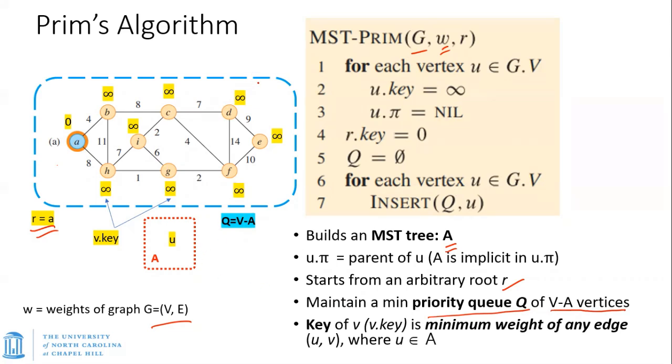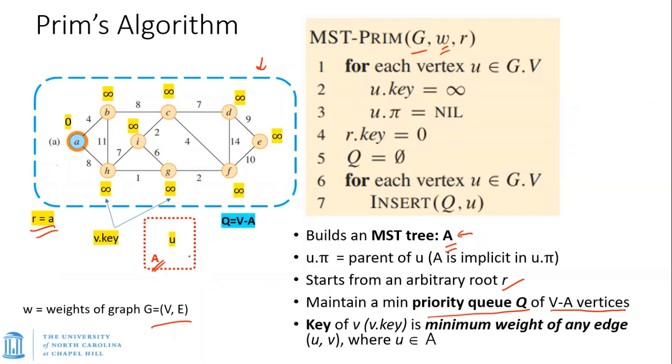So we start off maintaining a priority queue which comprises everything in the entire graph. Initially our MST, of course, we're going to slowly grow it, is a null tree, and V minus A is essentially V. I've shown V minus A as the blue dotted area, and A is the null part of the graph.